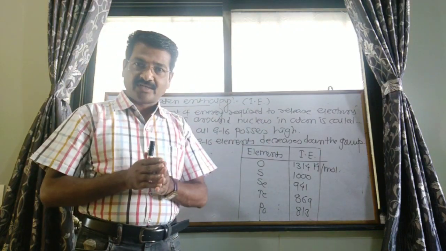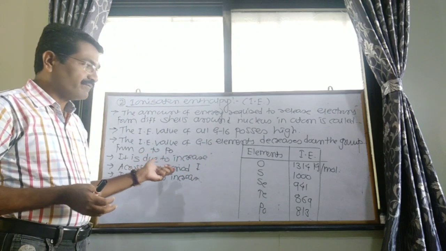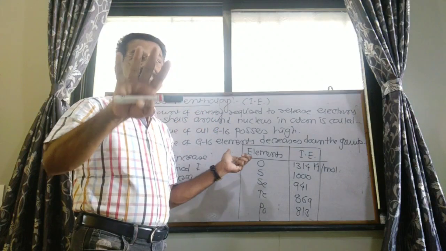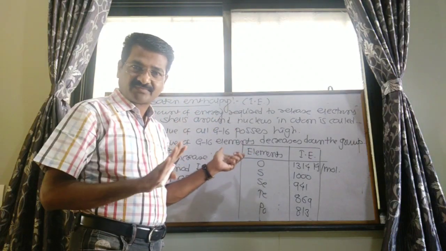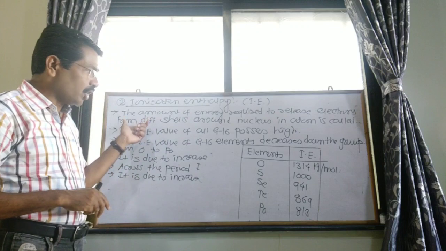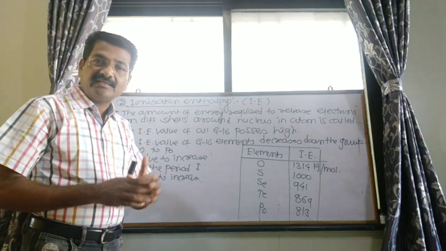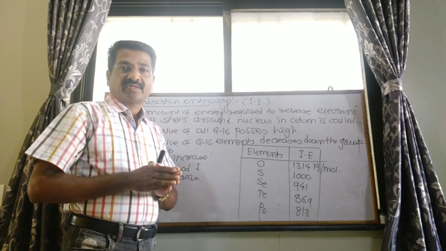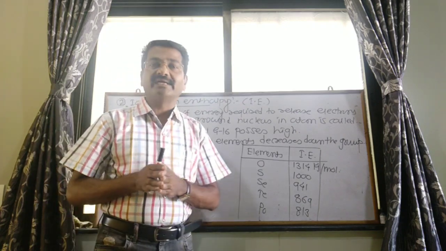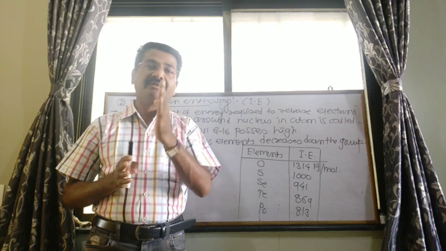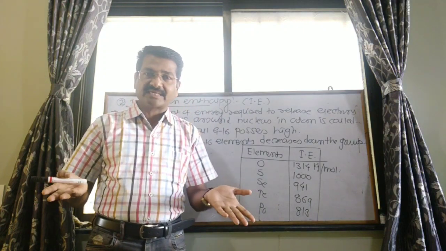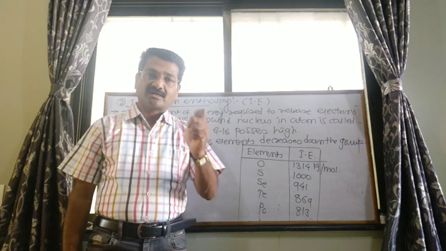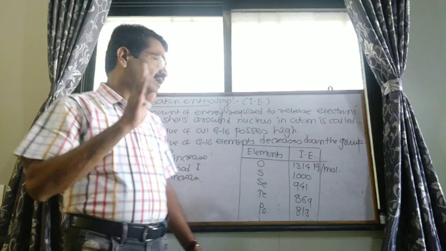That is an exception. The ionization enthalpy of G16 is less than that of G15. The trend is increasing, but the value for G16 is less than G15. It is due to the half filled p orbitals of the G15 elements. G15 elements gain stability due to the half filled nature of the p orbital. So that is the trend.